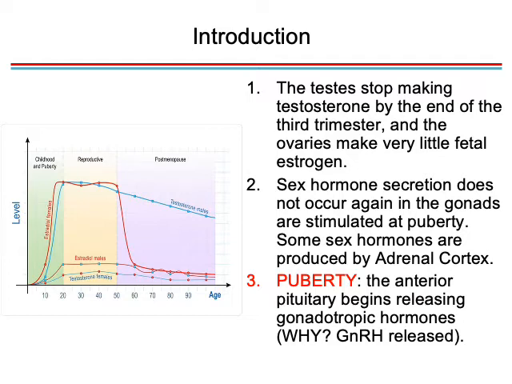Okay. So, let's talk about puberty. Wonderful time of your life, I'm sure. Puberty is the increased production and release of the sex hormones, which are going to influence sexual behavior, sexual characteristics, hair growth, etc., etc., etc. So what causes puberty?